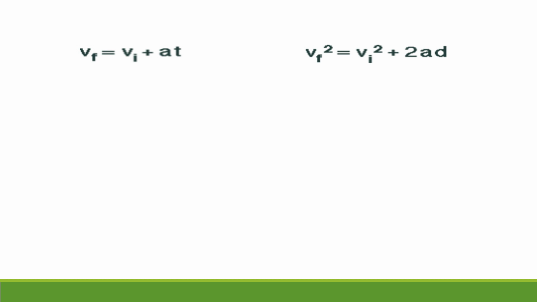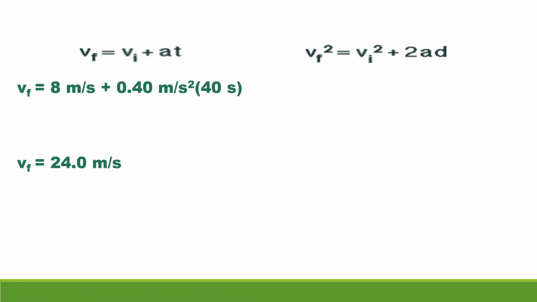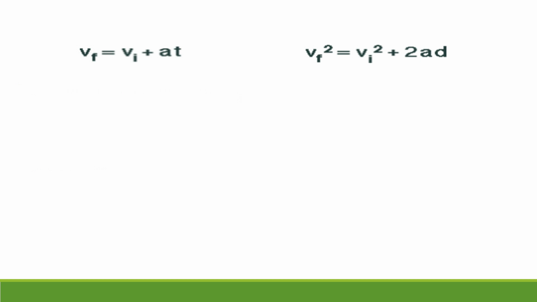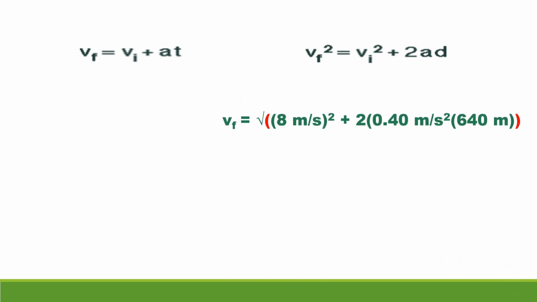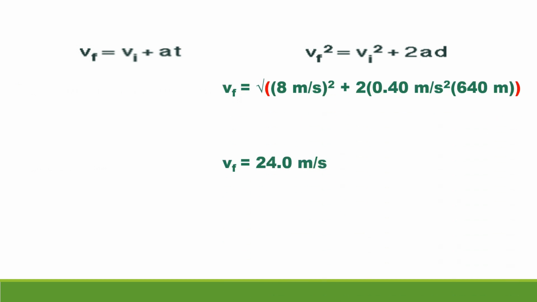So let's try equation number 1. Substitute. Then we get 24 meters per second. How about equation number 3? Again, we substitute, and we still arrive at 24 meters per second. So our final velocity is 24 meters per second.